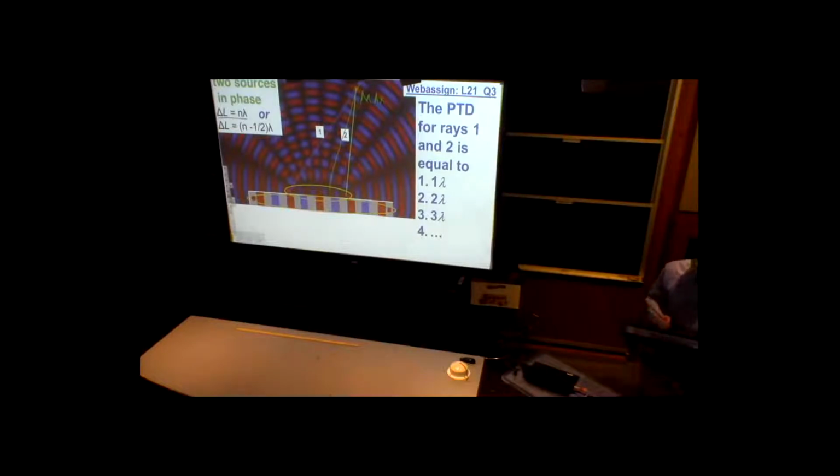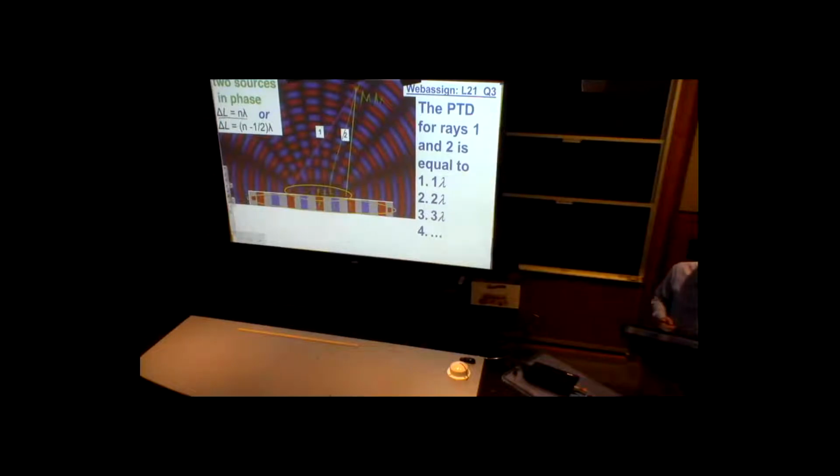And in my enlarged picture, that will be central. That will be the first. That will be the second. So for the second maximum, the number n is supposed to be equal to 2.